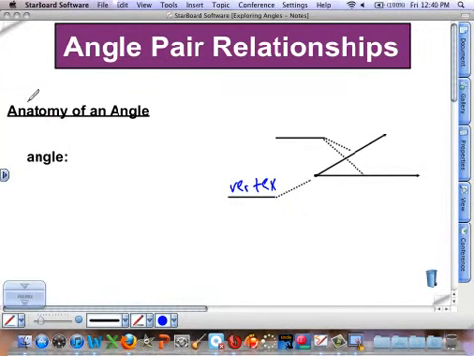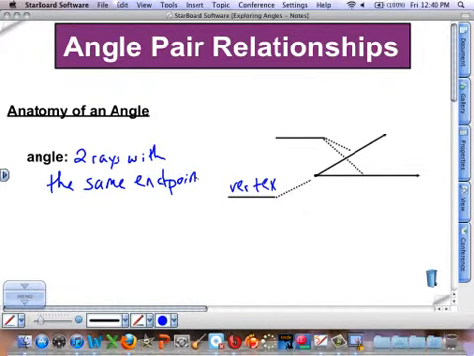So if you want to define an angle, it's basically two rays with the same endpoint. And again, we call that endpoint the vertex. The rays of the angle are called the sides.